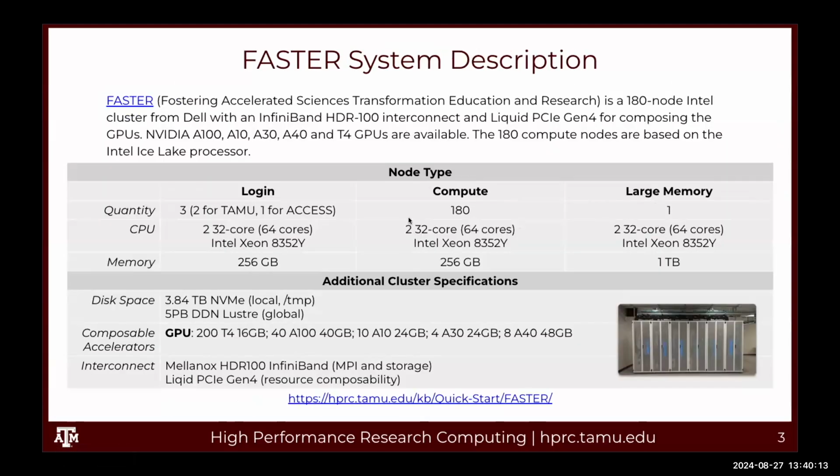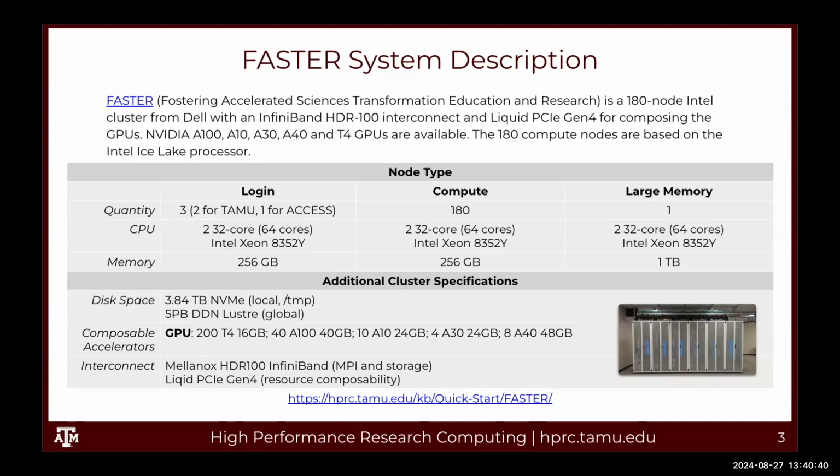Coming to FASTER, FASTER stands for Fostering Accelerated Sciences Transformation, Education, and Research. This is a 180 node Intel cluster from Dell with an InfiniBand HDR100 interconnect and Liqid PCIe Gen 4 for composing the GPUs. We have NVIDIA A100, A10, A30, A40, and T4 GPUs available.